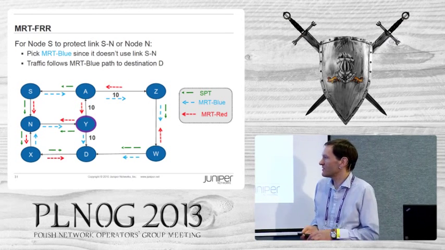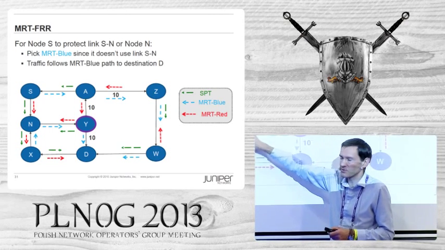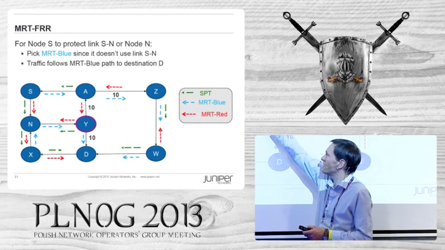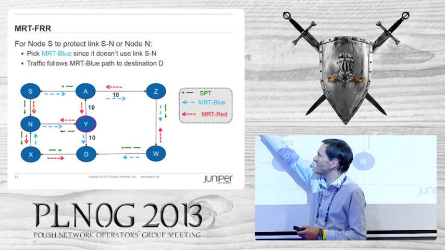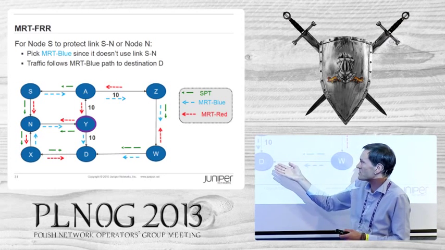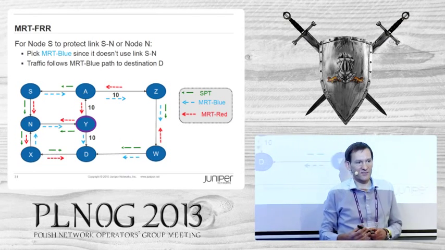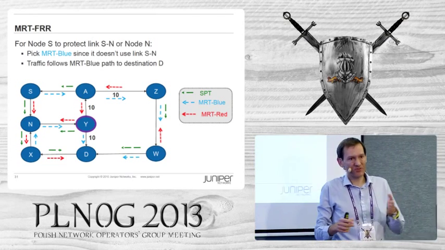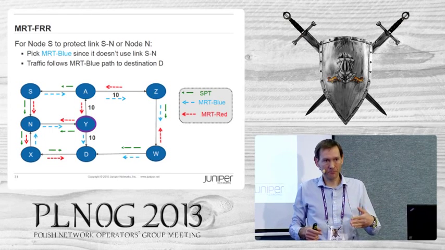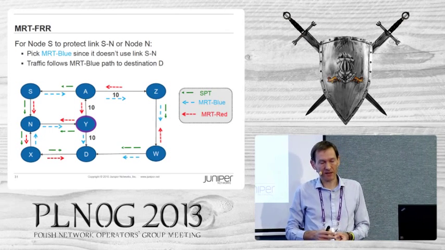Because what happens is that if S wants to protect this link in terms of traffic going towards destination D, it knows that this blue tree doesn't use this link, and it knows that this takes the traffic to the destination without using the facility that it's protecting against. And so in this way, by either putting the traffic onto the red or the blue tree as a repair action, you take the traffic to the destination, and so it's acting as a repair mechanism.